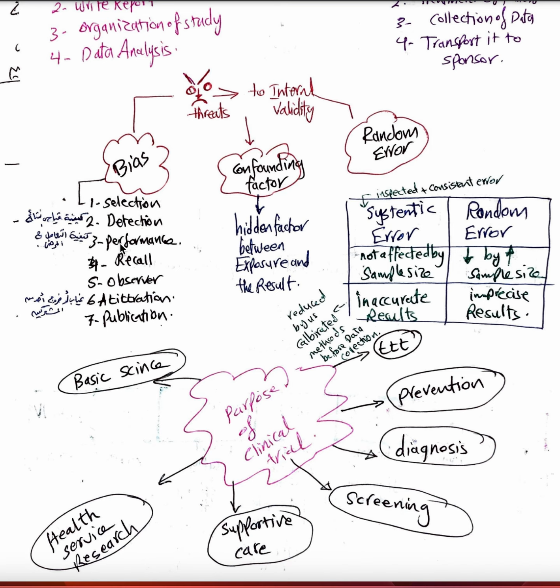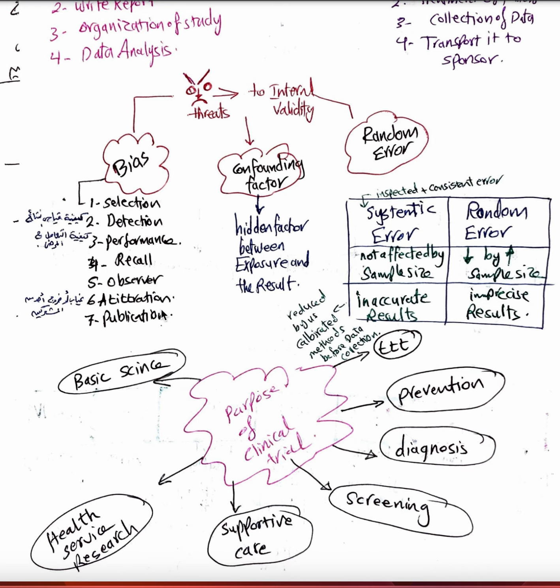Performance bias is how we deal with these patients, how we deal with the control group and the treatment group, like we deal better with the participants of the treatment group, so the results will be good. And then recall bias, like they have problems remembering what has happened. Observer bias, like the observer expects things and just reports what he's expecting.